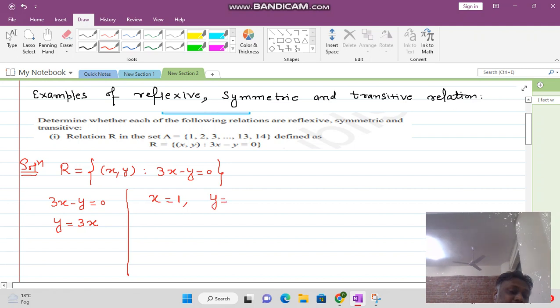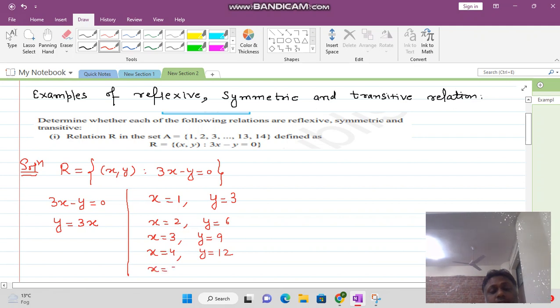The y value is 3. So 1 is in set A and 3 is in set A, so it is okay. Now set x equal to 2, so the y value is 6. Set x equal to 3, the y value is 9. Set x equal to 4, the y value is 12.